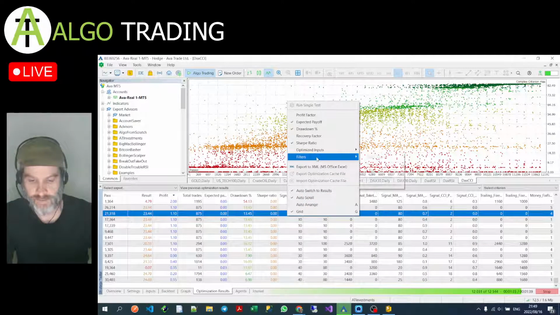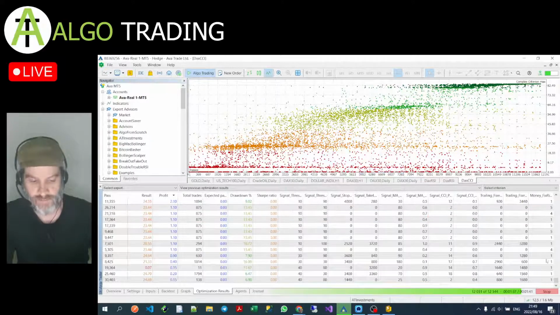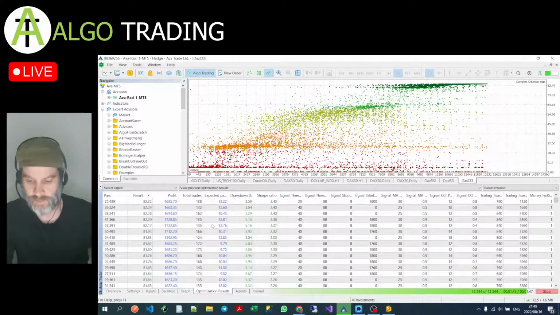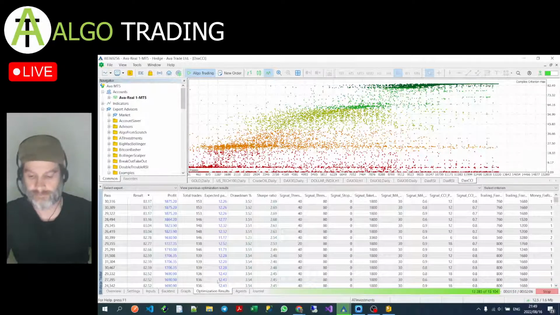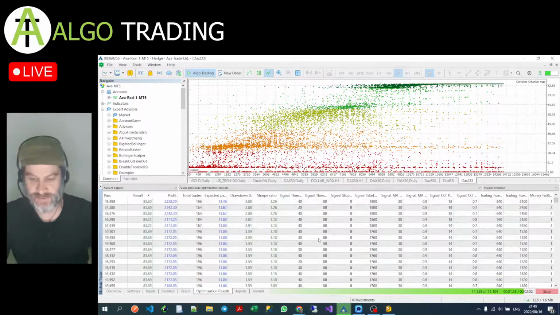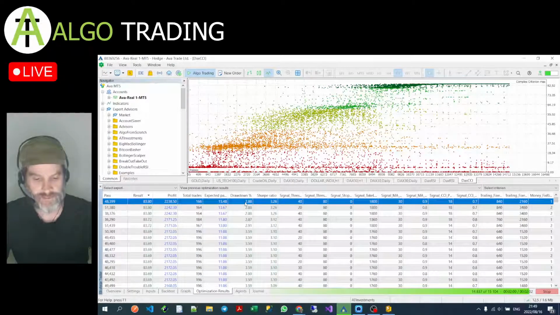I'm going to filter drawdown less than 50, just so we got a cleaner list. Okay, we're getting some decent, about 50% returns, which is still not bad. Very low drawdown, which is nice.